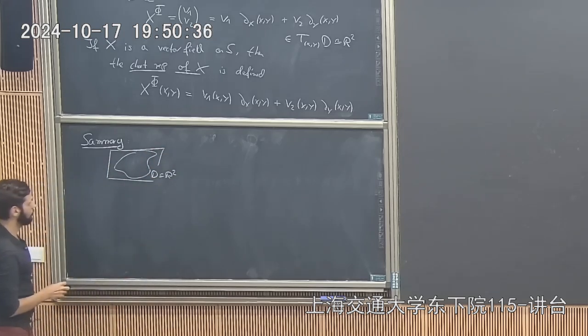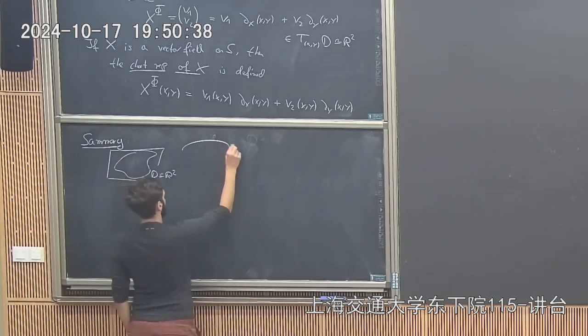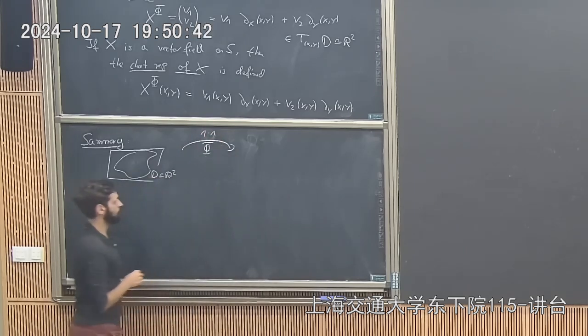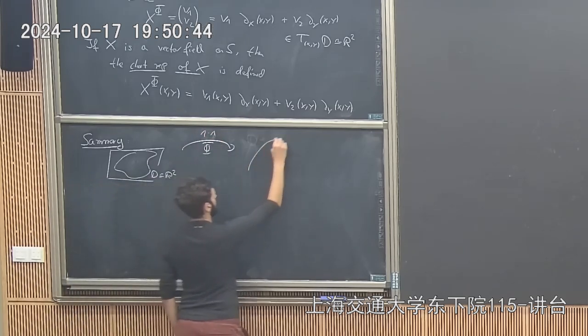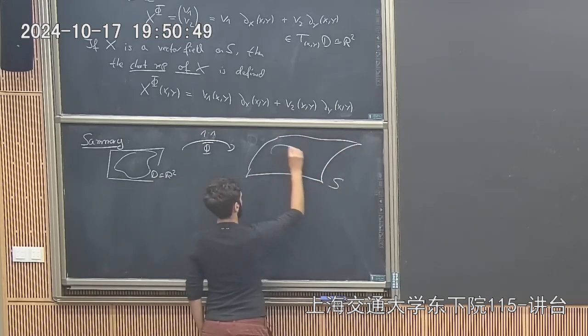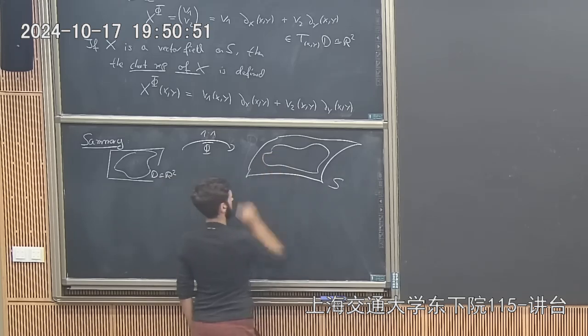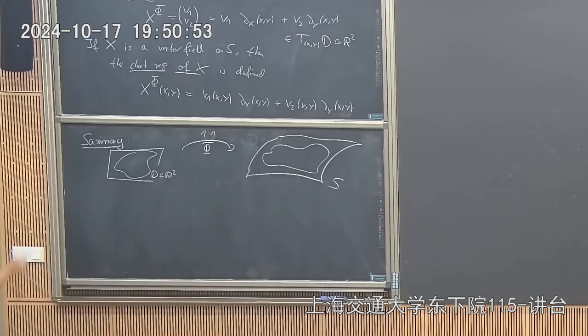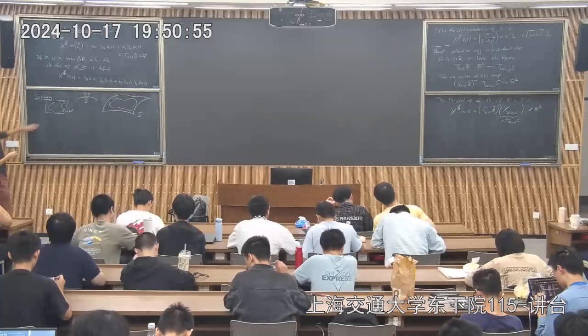So that's our first, and this one is one-to-one identified, essentially on the image at least, with some subset in the surface. So that's the chart.